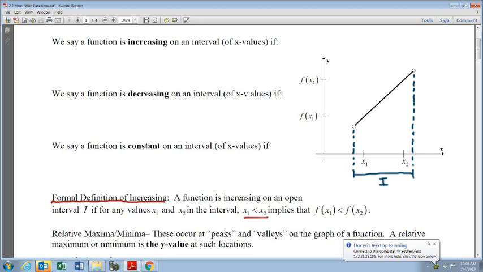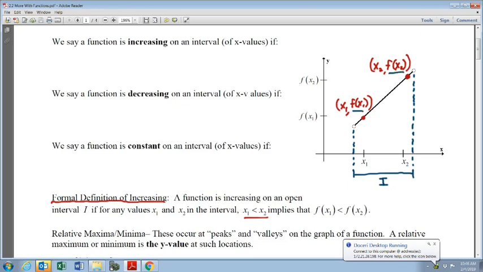Now let's look at the points up above. So here, this is the point that has x sub 1 as its x value, and the output would be f of x sub 1. And then for x sub 2, you've got the point x sub 2, f of x sub 2, which is just the y value when our x value is x sub 2.